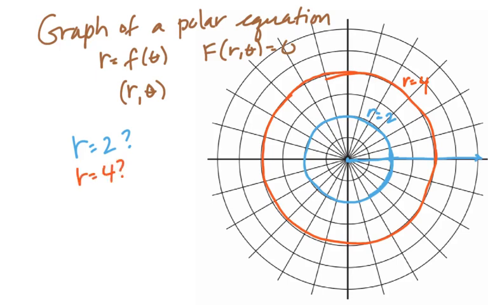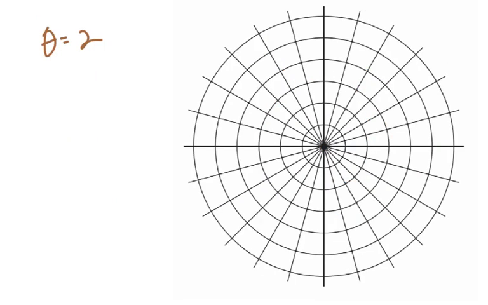Let's talk about theta. Let theta equal the number 2. So if theta equals 2, that means we have a line at 2. Now think about the fact that this is radians, because usually it's pi over 2 or something like that. So 2 radians, that means I need to approximate.